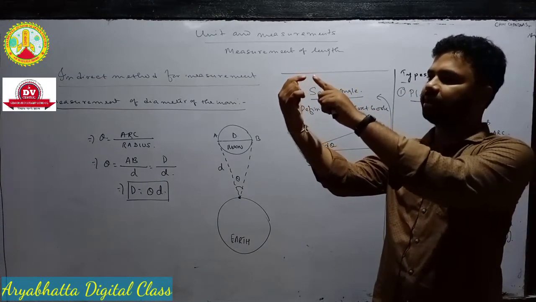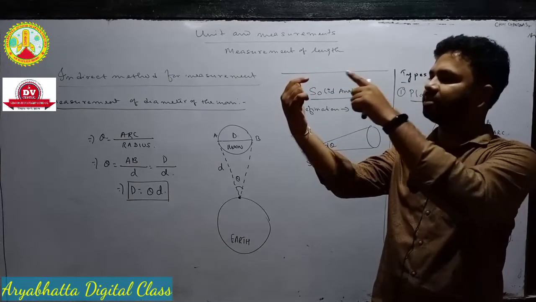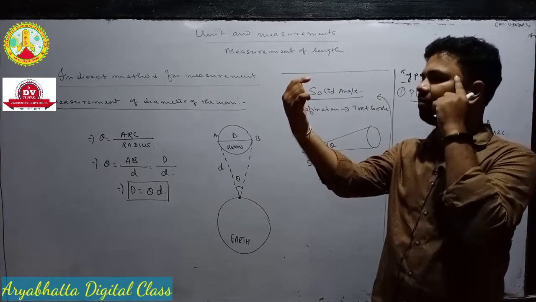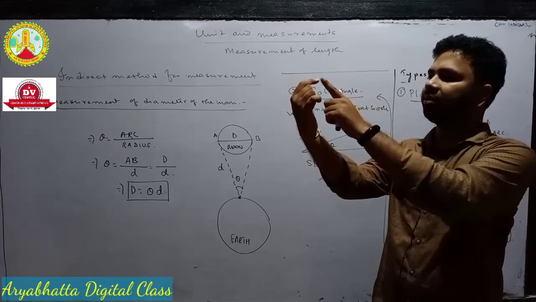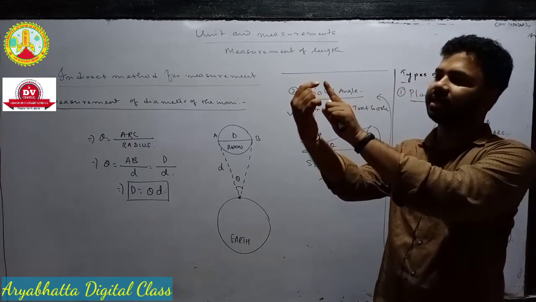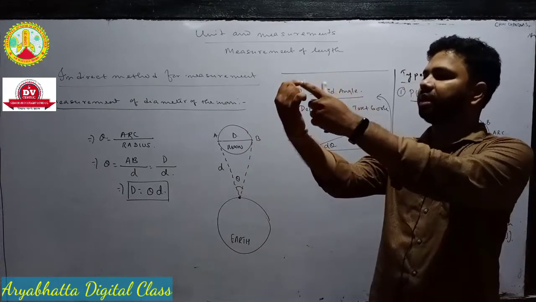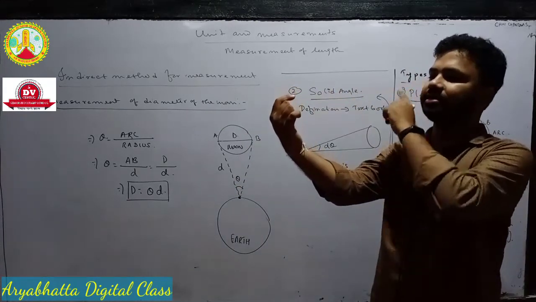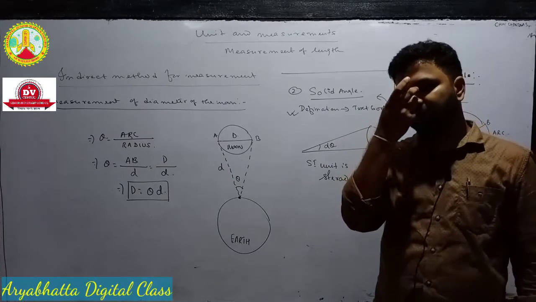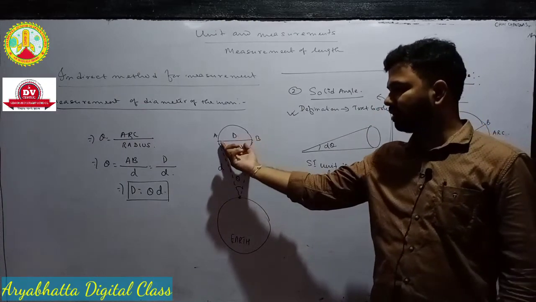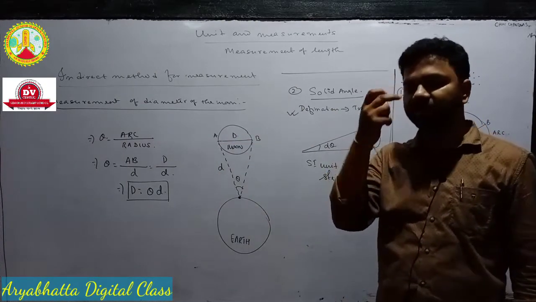From here, draw a line from this point to your left eye and from this point to your right eye. So what is this angle? This angle is theta. ये वाला distance कितना है? Small d. ये वाला distance भी कितना है? Small d. We know, then we can calculate the distance between our two eyes.